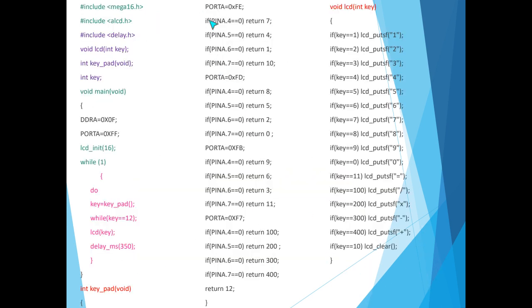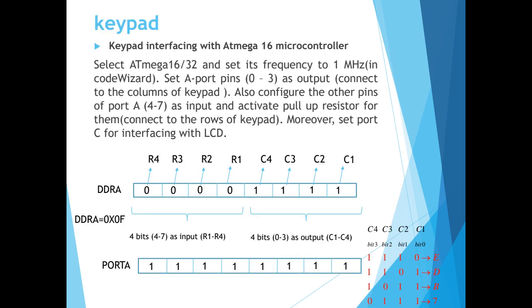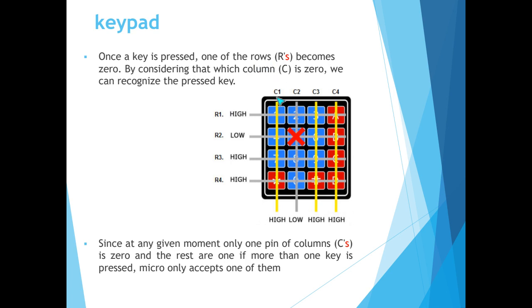So by using these codes, we mean that if pin A4 equals 0, return 7. What does it mean? It means that when C1 is equal to 0, if this row value is 0, then return what? This character, it is the multiply or star character.